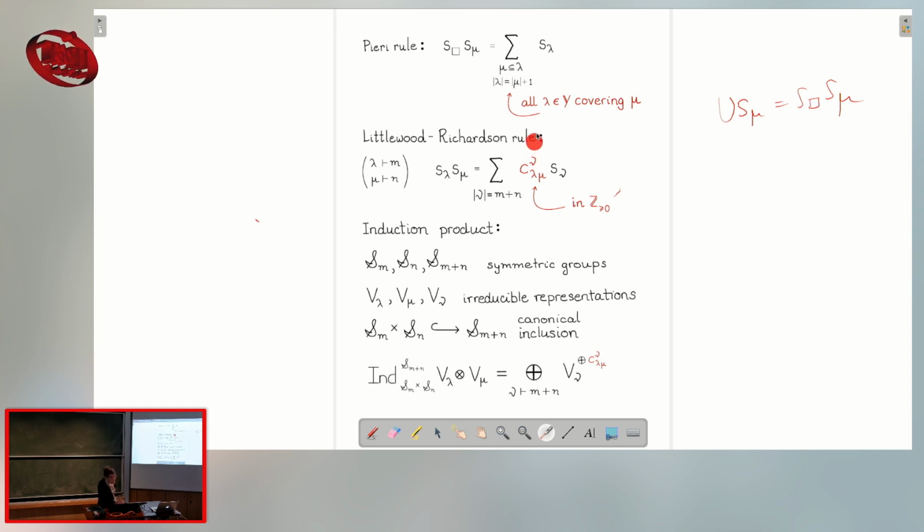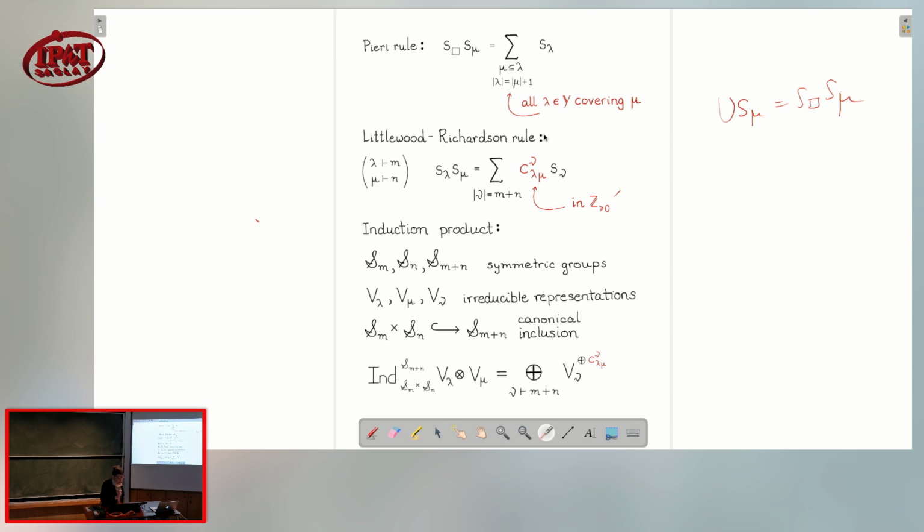The structure constants which govern the expansion are non-negative integers, also known as the Littlewood-Richardson coefficients. There's a combinatorial rule for calculating these, which I'm not going to discuss for time's sake.